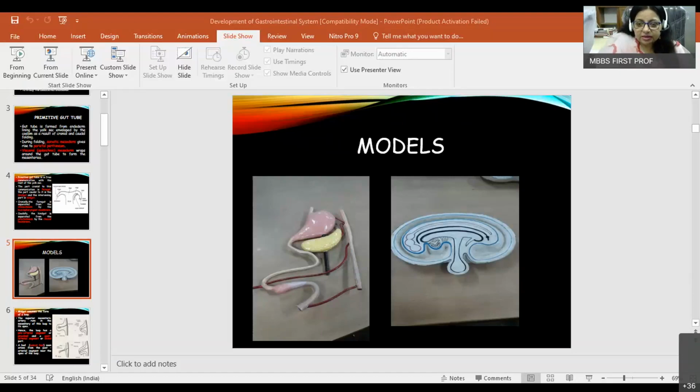Okay, and this gut is having communication with the yolk sac through another duct. This duct is known as vitelo-intestinal duct. This one is vitelo-intestinal duct, right?